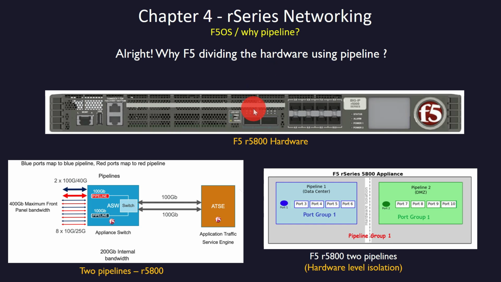Your organization purchased a new rSeries 5800 appliance and wants to use the same hardware for both data center and DMZ networks while keeping them fully isolated at the hardware level. Is it possible to achieve this without buying new hardware? Yes, using F5 rSeries pipeline technology.